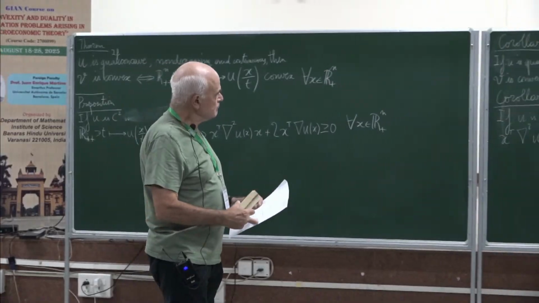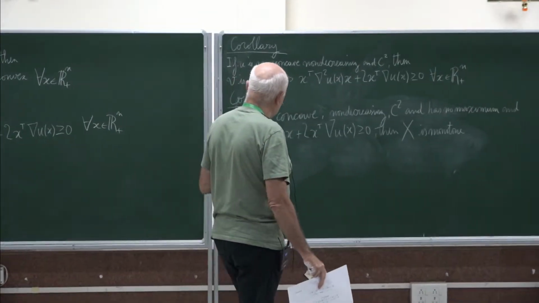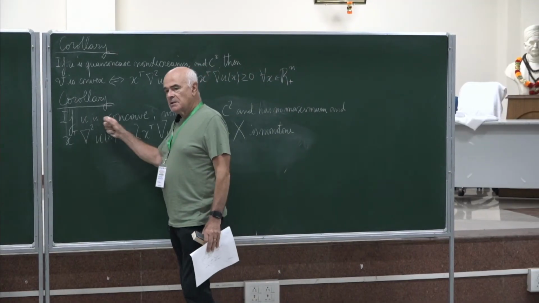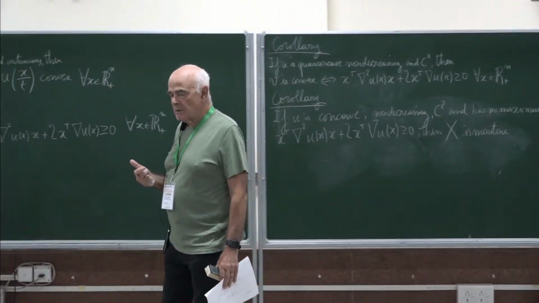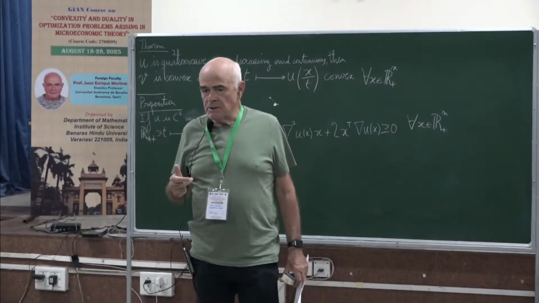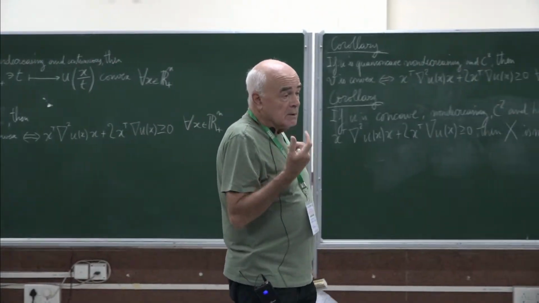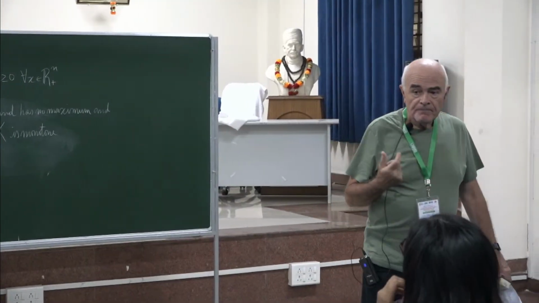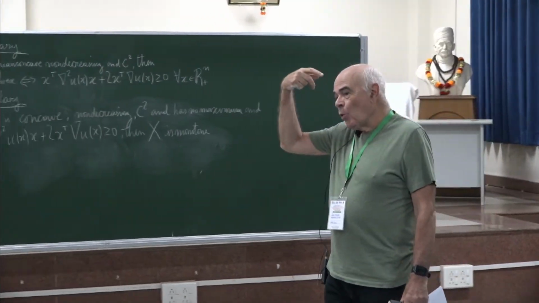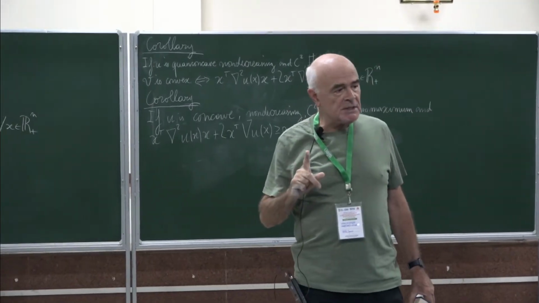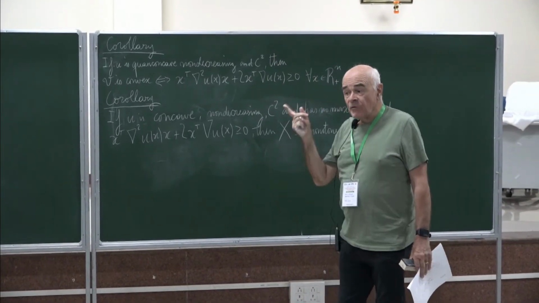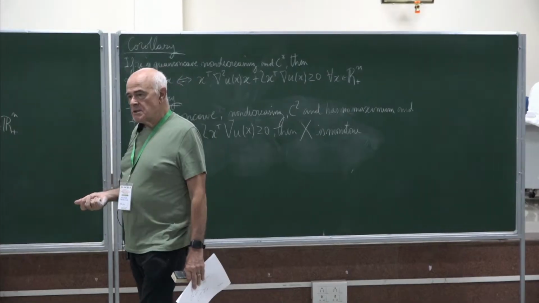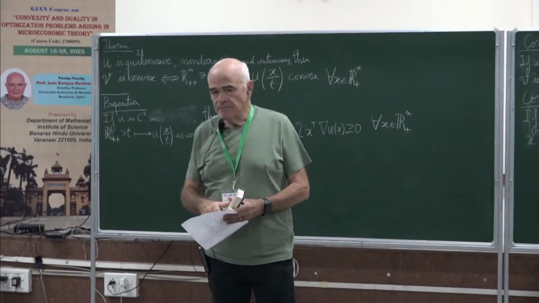But what about these assumptions? I said that U is concave, which economically has no meaning, but we can accept this condition. A better statement would be: if our preferences admit one representation which is concave, and for that concave representation we have this property, then there is monotonicity of the demand.